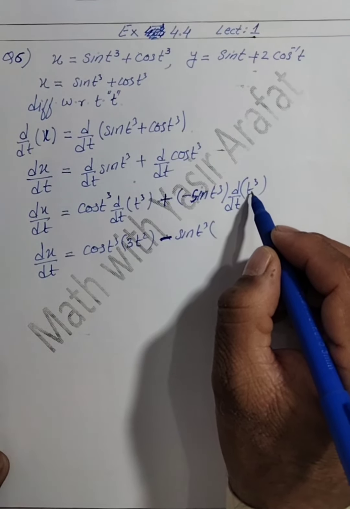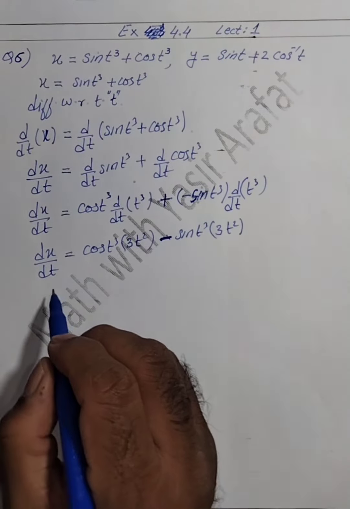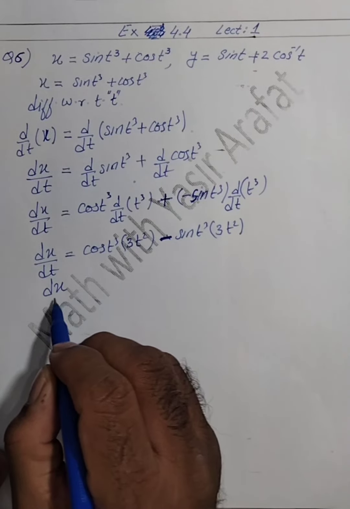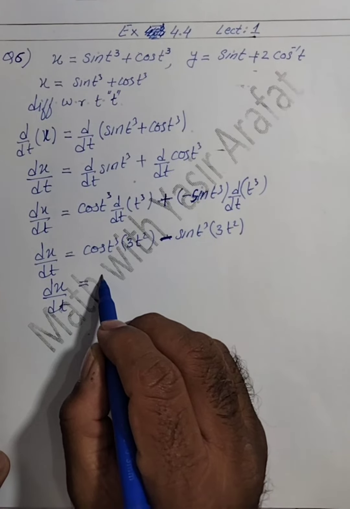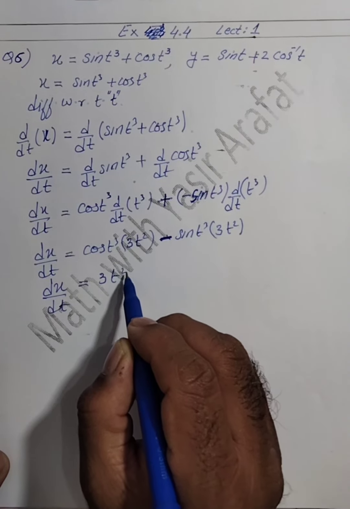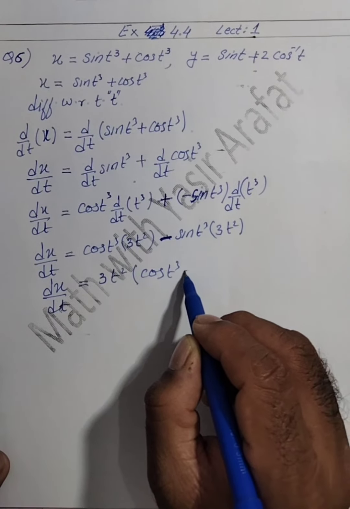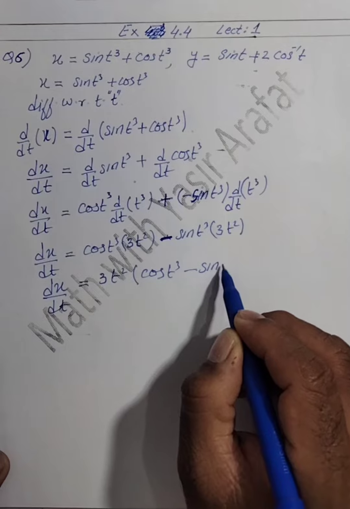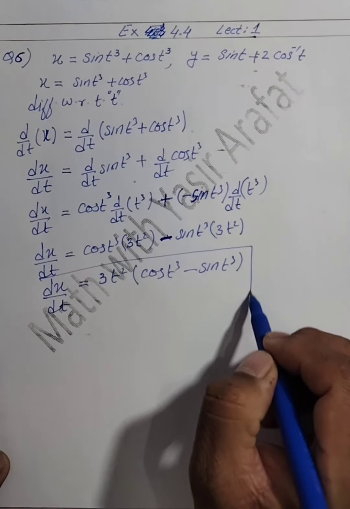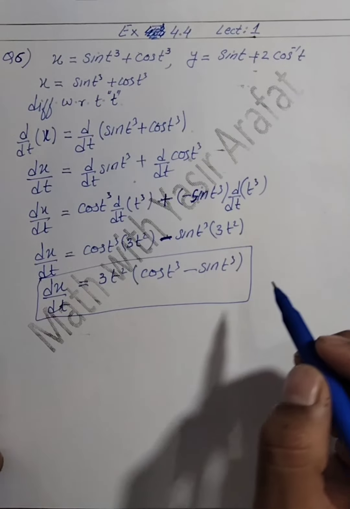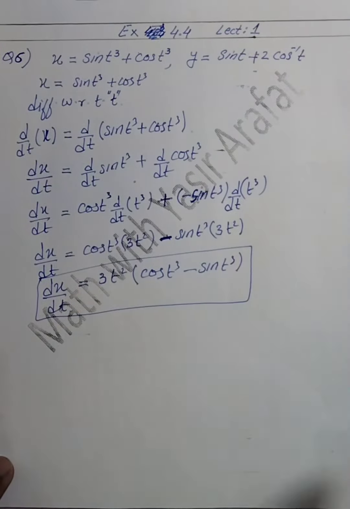Again, the derivative of t cube is 3t square. So this is dx over dt, that is equal to, take 3t square common. So this is cos t cube minus sine t cube. This is the derivative dx upon dt of the first equation here.